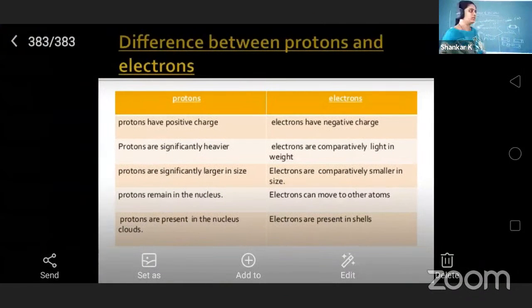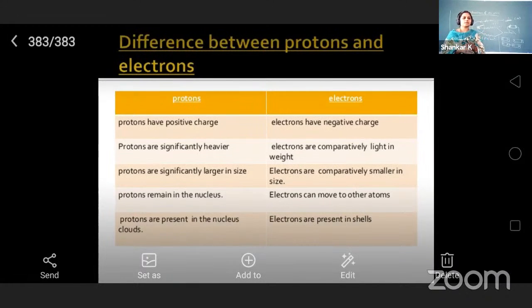What is the difference between protons and electrons? Protons have positive charge and electrons have negative charge. Protons are significantly heavier, the mass is more.